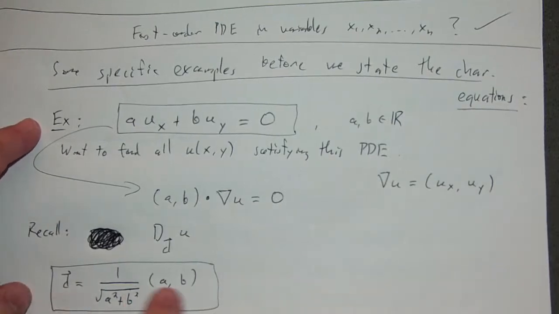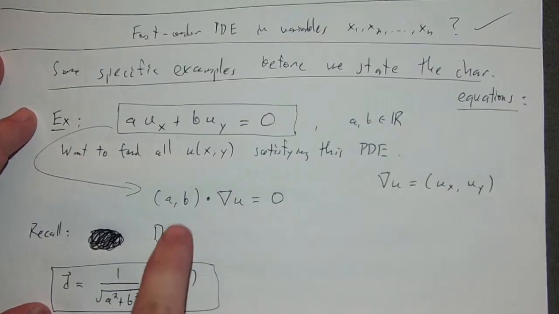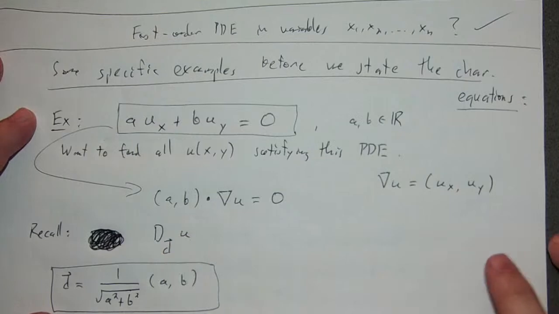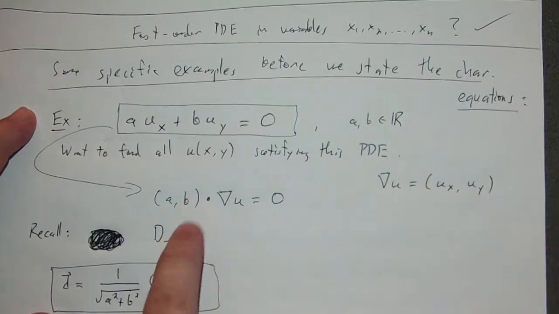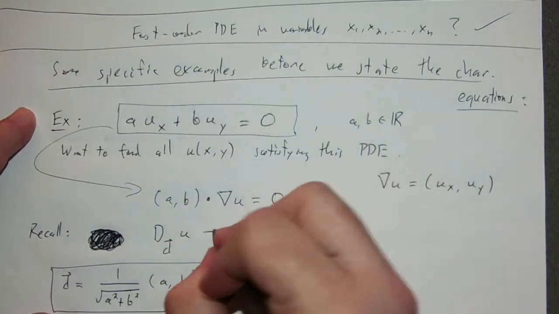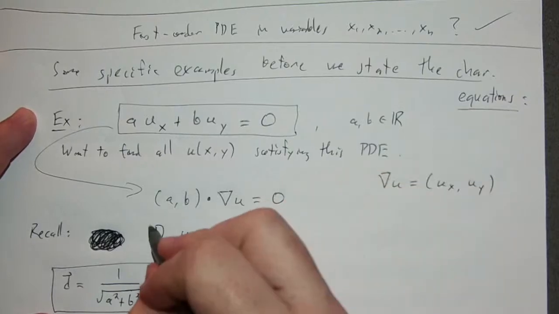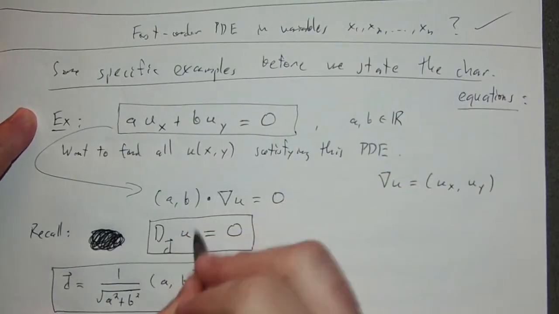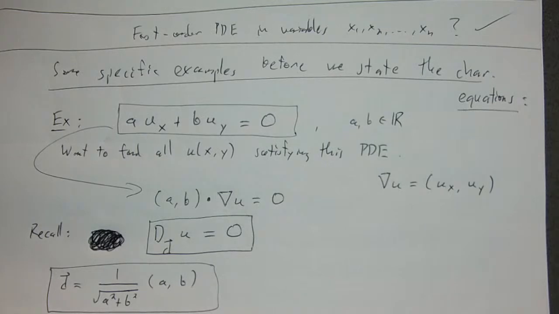If D is my vector pointing in the same direction as (A, B) but made into a unit vector, then since this is equal to 0, this is the same as saying that the directional derivative of u in the direction of d is 0.